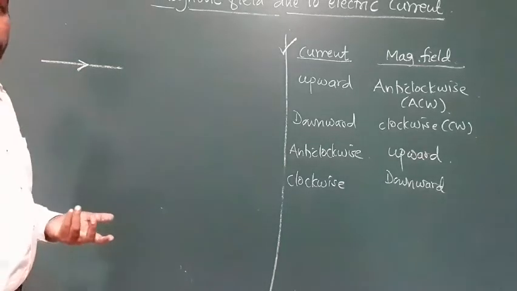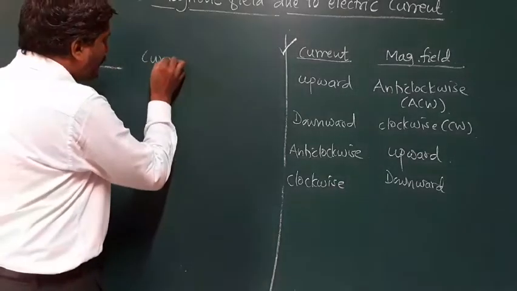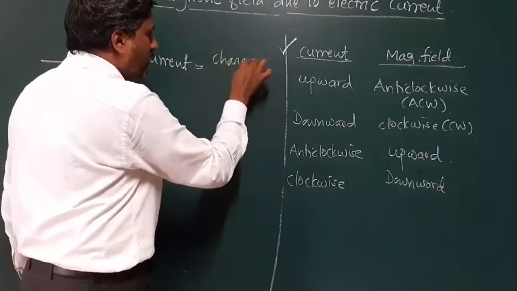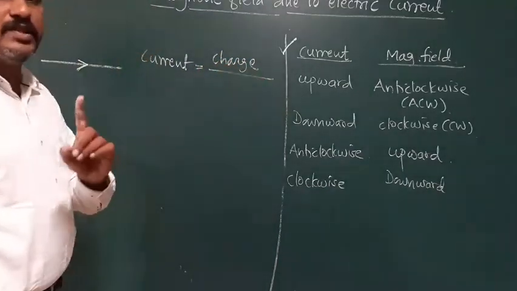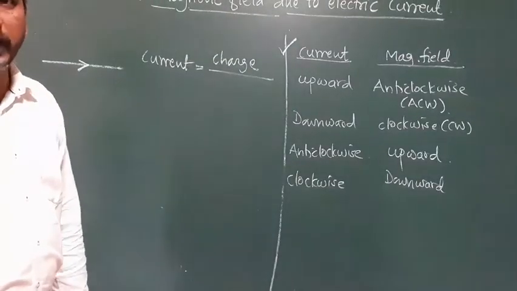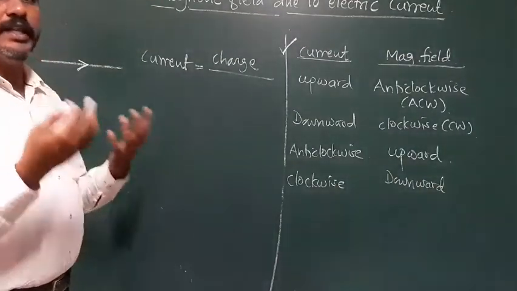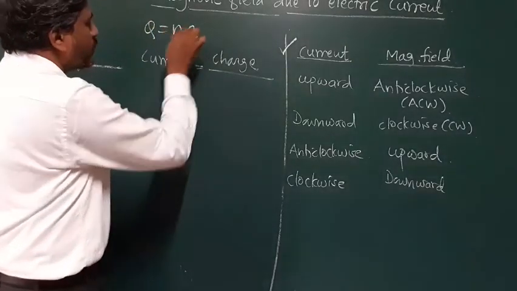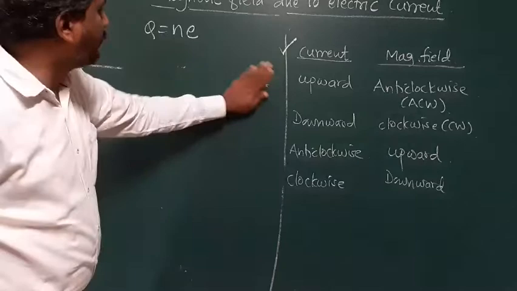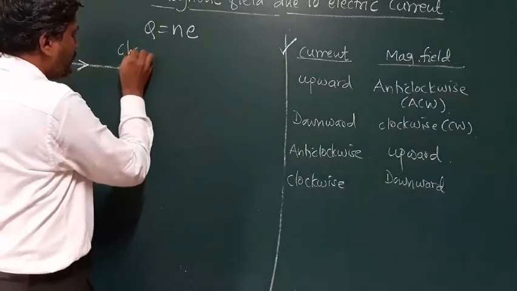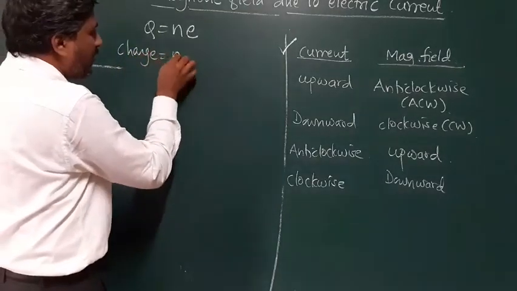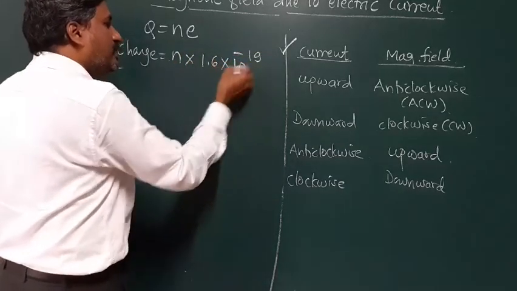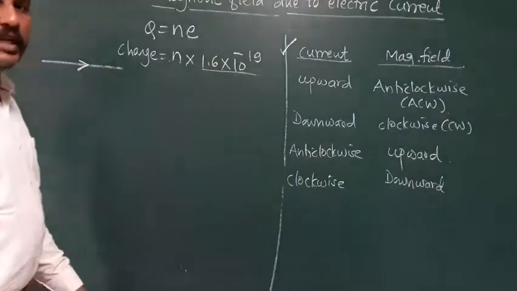What is meant by current? Current is nothing but the flow of electrons per unit time. So if one electron is flowing, then the charge is 1.6 into 10 raised to minus 19 coulomb. Suppose n number of electrons are flowing, then the charge is given by Q equals NE. But what is E here? This is the total charge, N means number of electrons and E means charge on one electron, that is 1.6 into 10 raised to minus 19 coulomb.